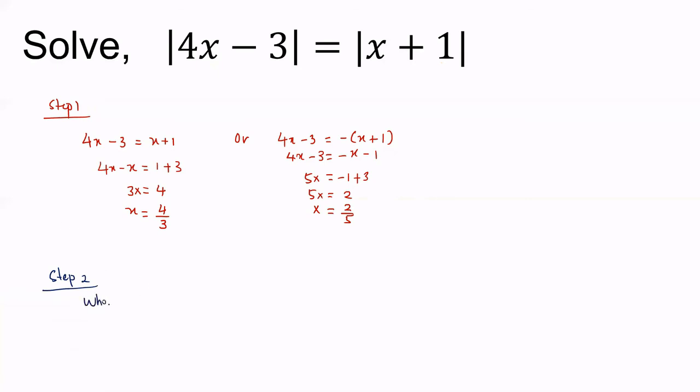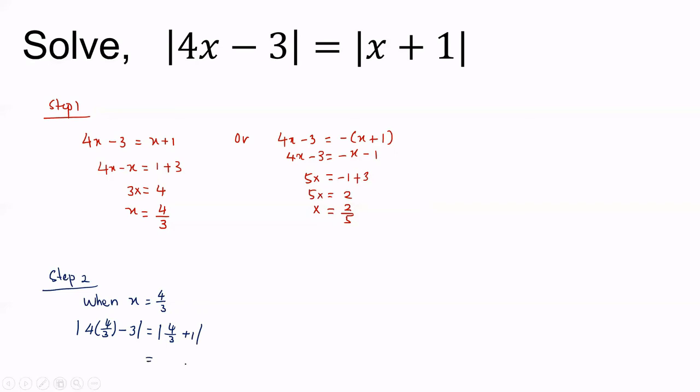So when x is 4 over 3, we substitute x equals 4 over 3 into that function. So 4 times 4 over 3 minus 3, and on the right-hand side 4 over 3 plus 1.